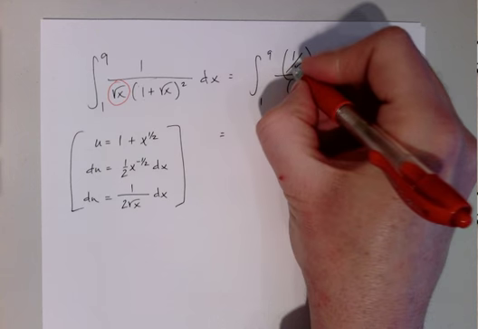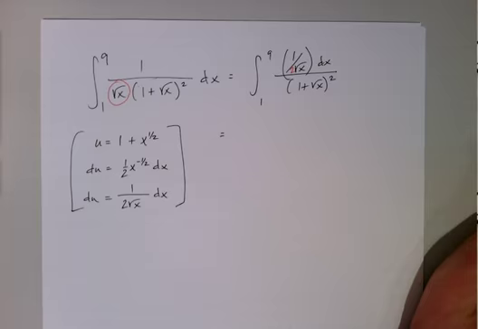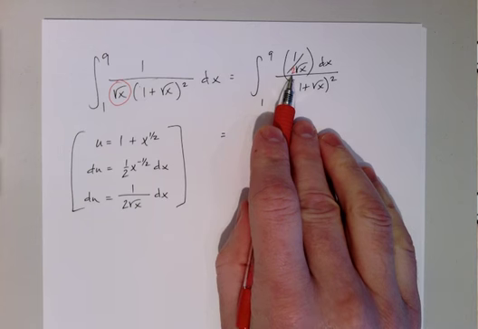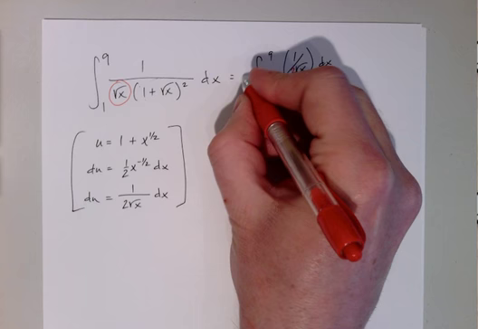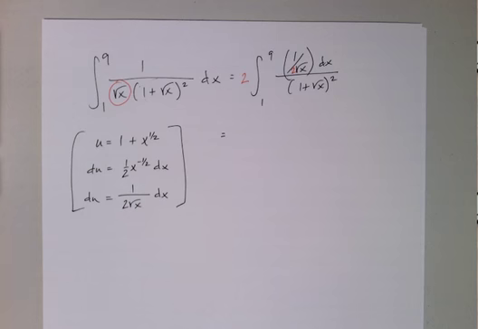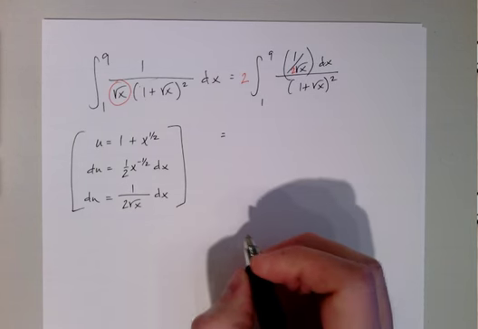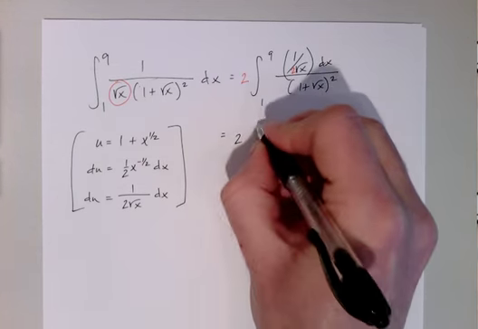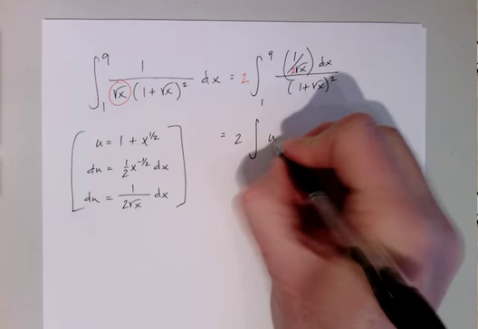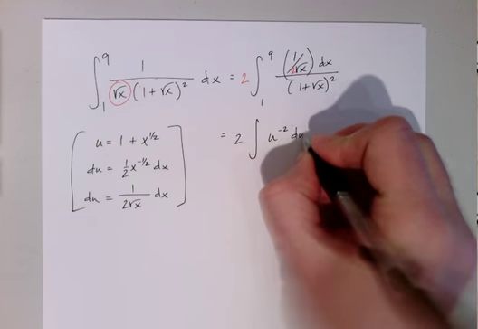Now I know I need a 2 right here, but putting a 2 right here is dividing by 2, and so I need to multiply by 2, and I think that winds up being it. So I have 2 integral u to the negative 2 du.